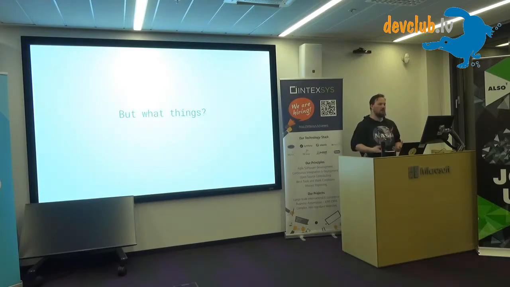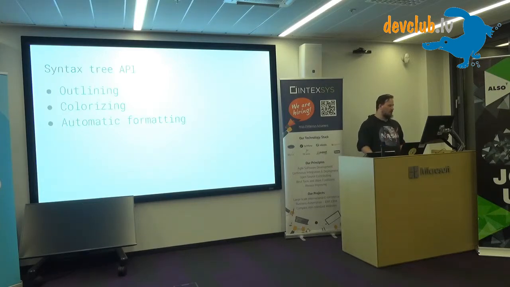You're probably already using a lot of tools built using these APIs in your everyday work, if you work with C# or Visual Basic or stuff like that. The syntax tree API is responsible for making your keywords different cool colors, like a class name is green, the word namespace is blue. If you want to outline your class, or you want to collapse something between two braces, you have to know where a thing starts and where a thing ends.